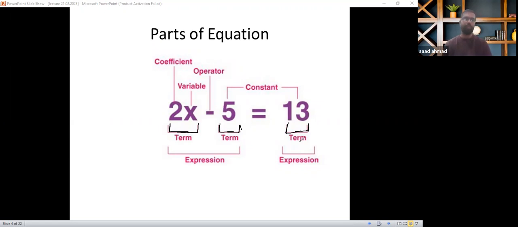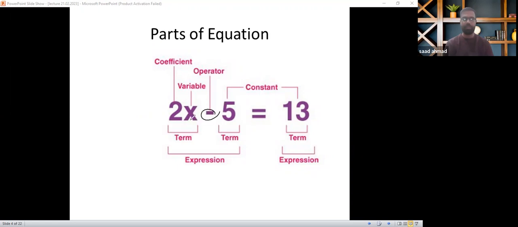How do we identify that it is a term? We identify it by looking at where the plus and the minus signs are between them. Like 2x, these are not two terms. This is one term because we don't see a plus or minus sign between them. So when we see a plus or minus sign, we know that one term is ending here and this one is the next term.